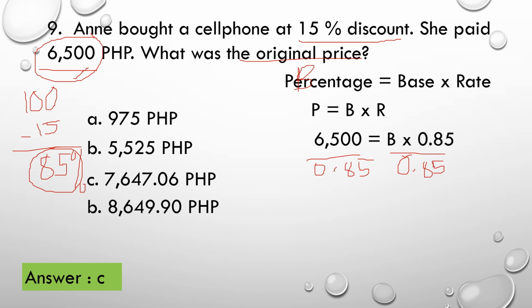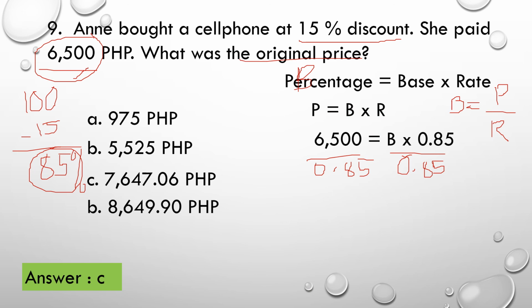The formula to get the base is simply equal to percentage over rate. If you can memorize that one. But if not, just memorize this one. And then, if you want to find the percentage, just multiply the base and the rate. If you want to solve for the rate, R, just divide P by B. If you want to find B, just divide P by R.